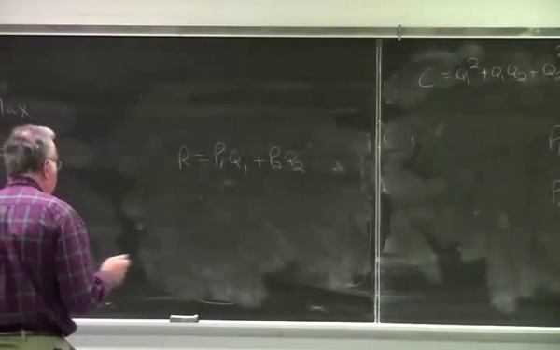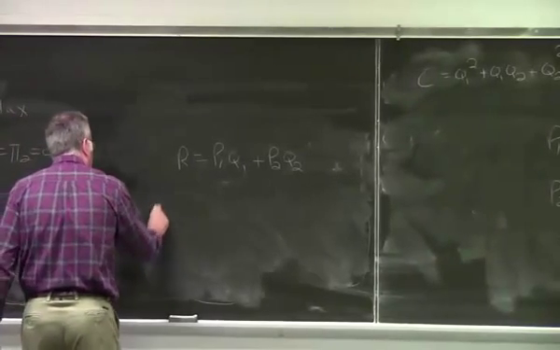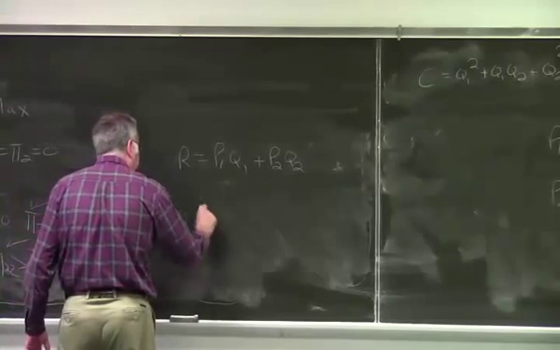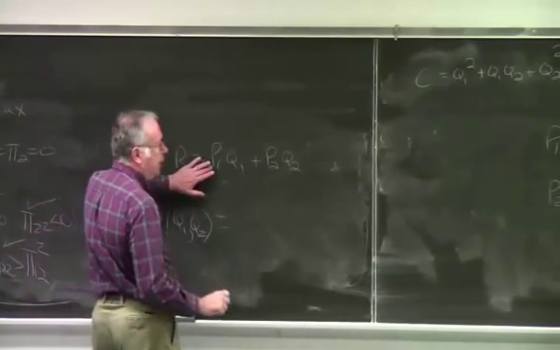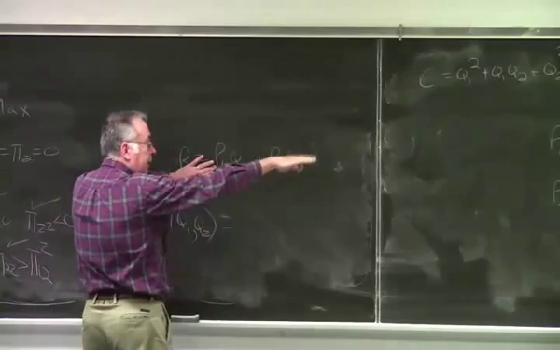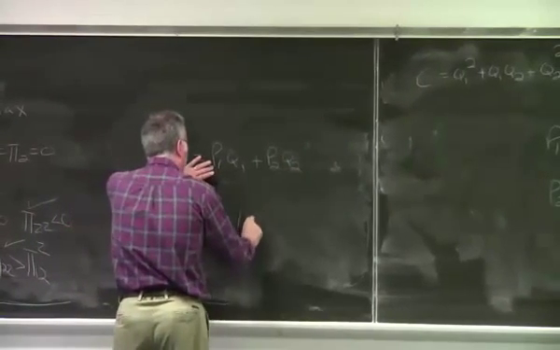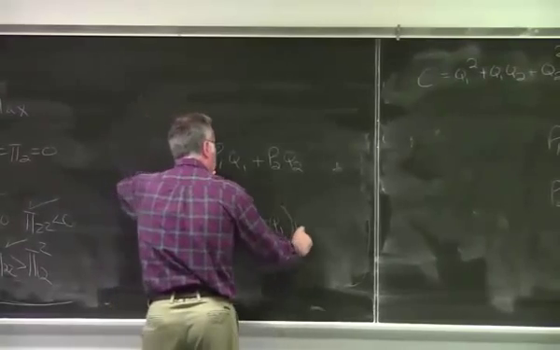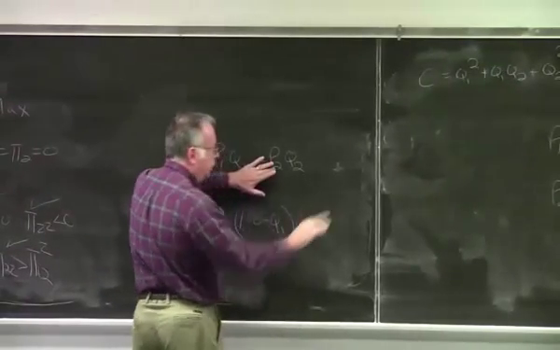Exactly. That way, if we want revenue expressed as a function of Q1, Q2, we're going to just get rid of P1, P2 using these demand curves over here. That's P1 times Q1. P2 is given by this.